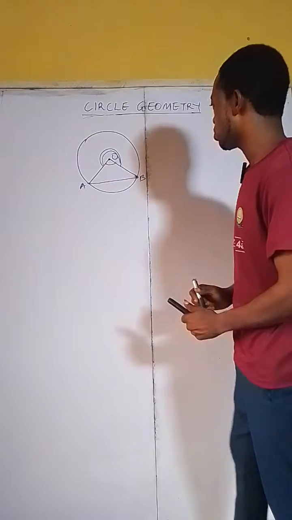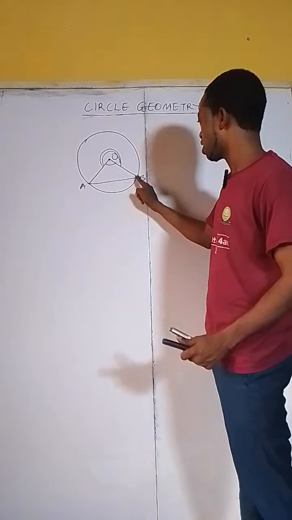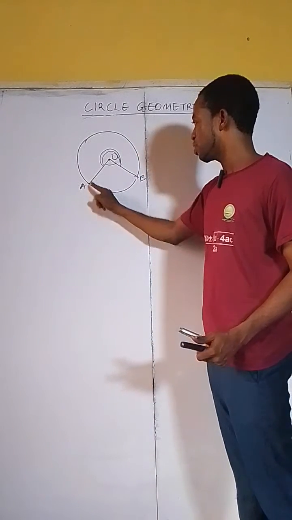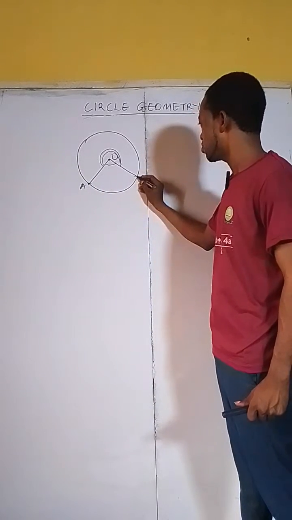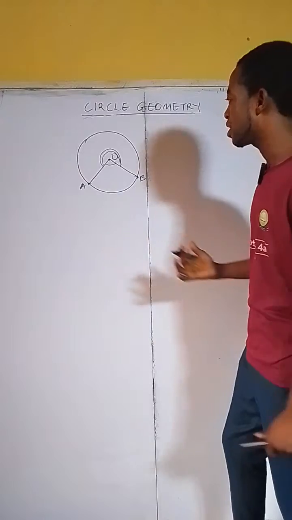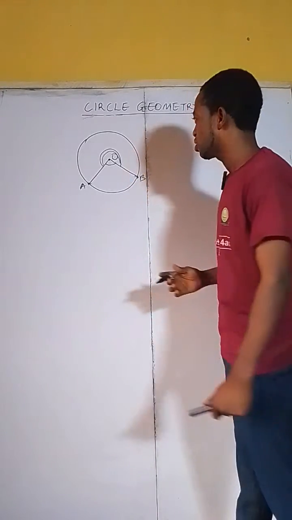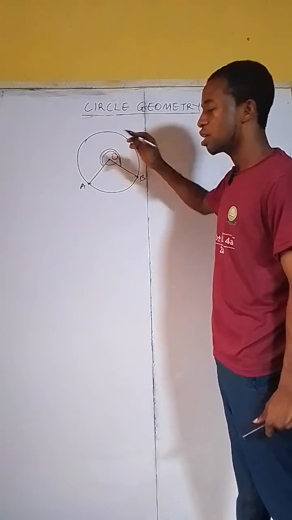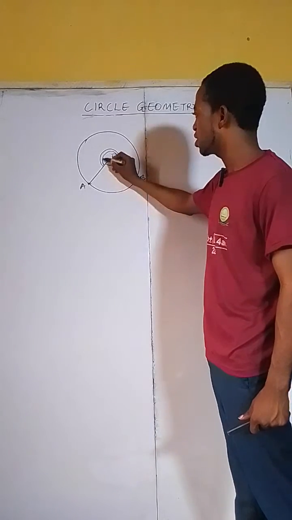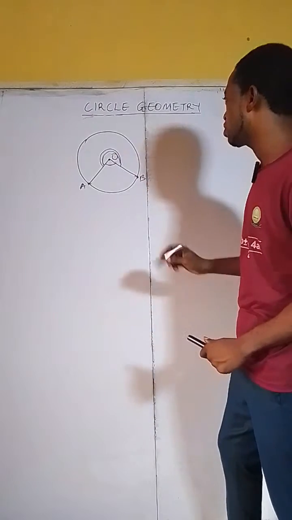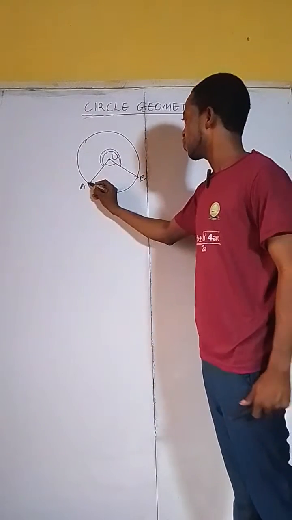And sometimes we might look at it in the form of an arc. So if I label this as AB, it means we are considering this arc AB. So a chord or an arc can form an angle at the center, and there are two angles. We have the obtuse one, the one inside here, and we also have the reflex angle, the one outside here. So that is the first thing.